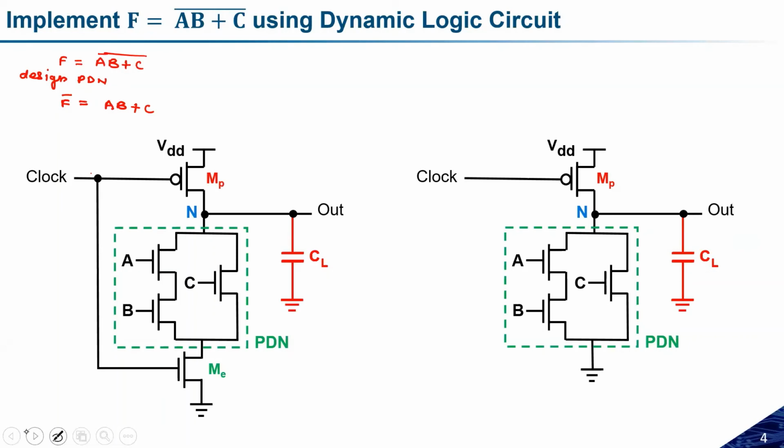I don't need to put too much time on this, because you are able to understand how these work. In case of any doubt, you can ask. Otherwise, we can move ahead with the next slide. So this is how we can implement any particular function based on the dynamic logic circuit.